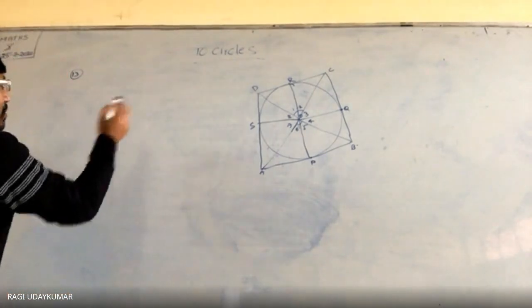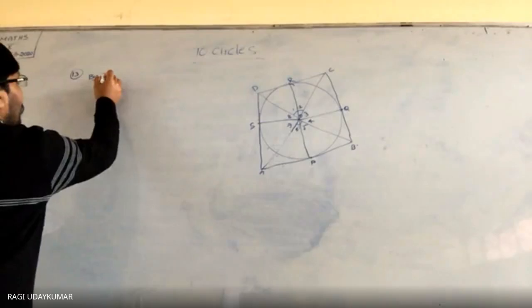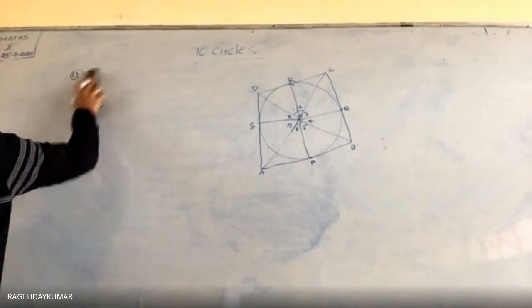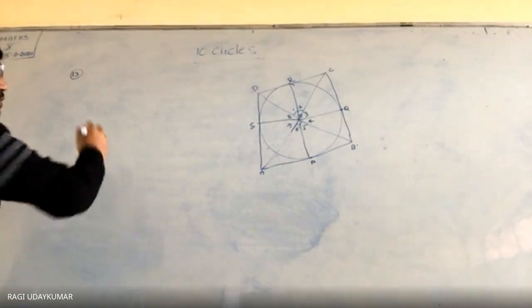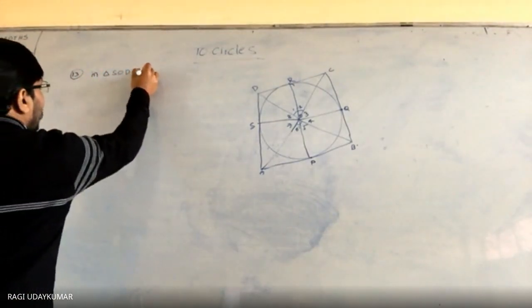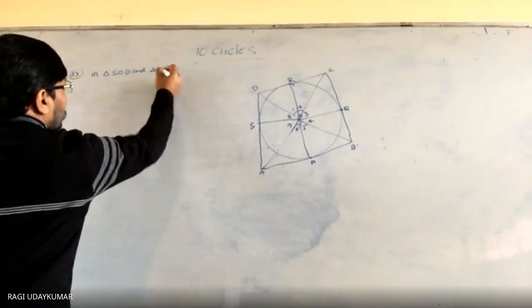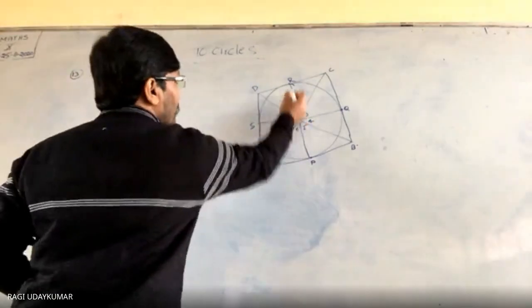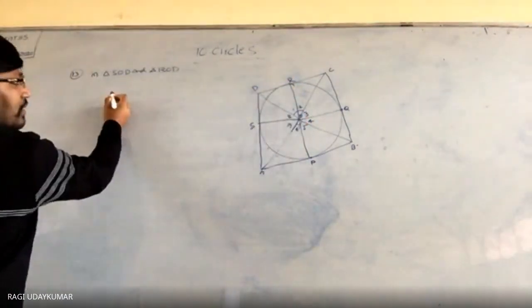So you can say that by RHS congruency. I'm not writing it; if you want, you can write it. See here, in triangle SOD and triangle ROD, you know that these two are radii of the circle.